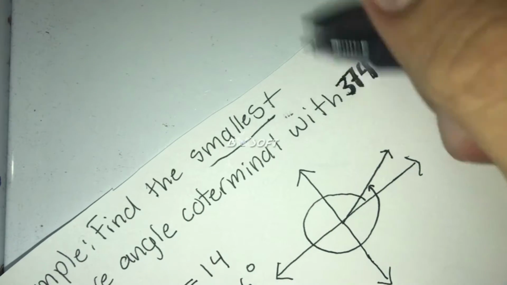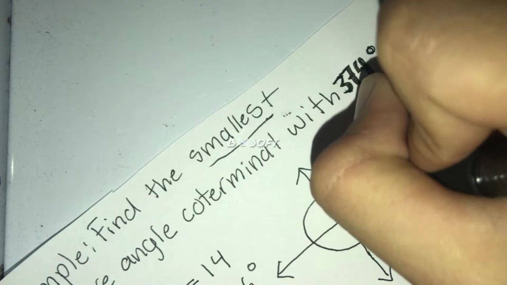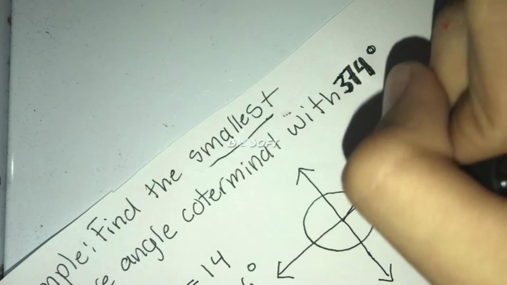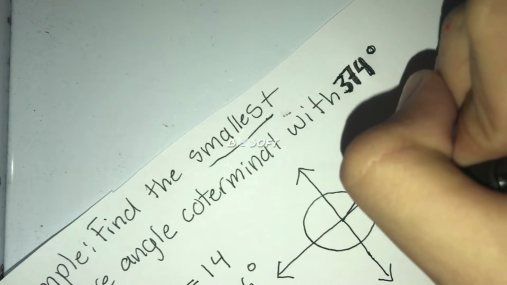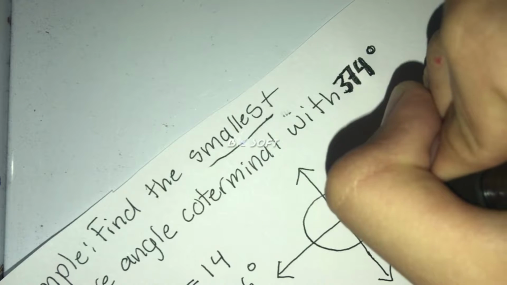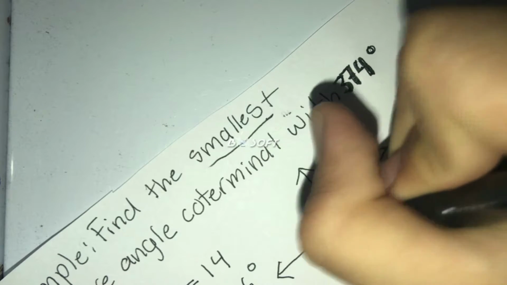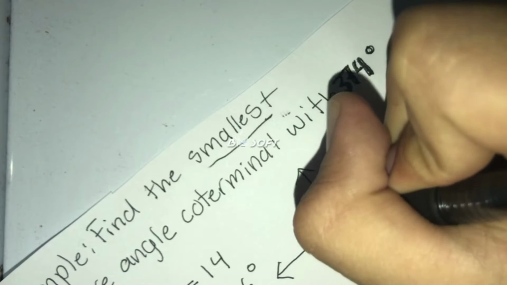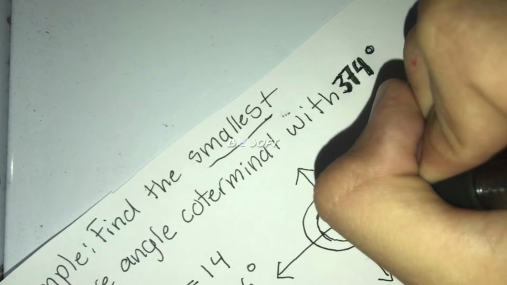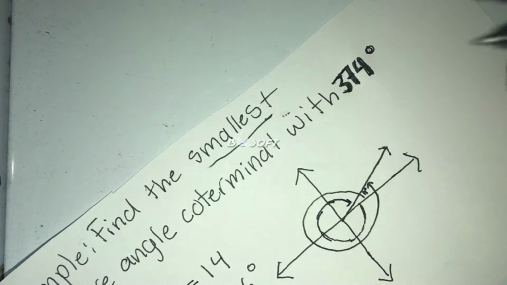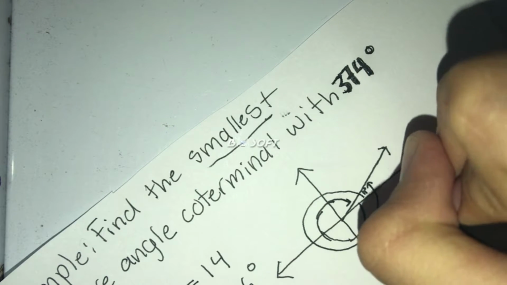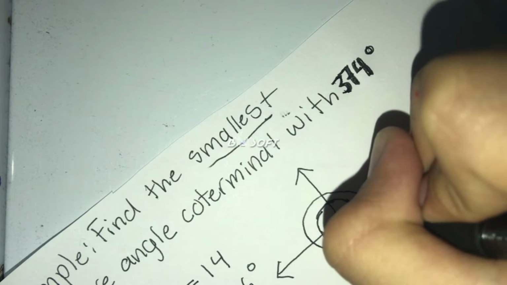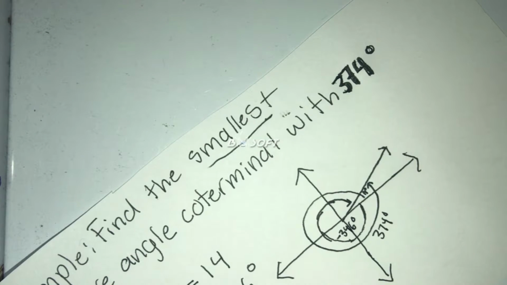So this part is 14 degrees. So after that, we subtracted, and this is our coterminal side. And it's going clockwise since it's negative. So 14 degrees, this is our 374 degrees, and this is our negative 346 degrees.